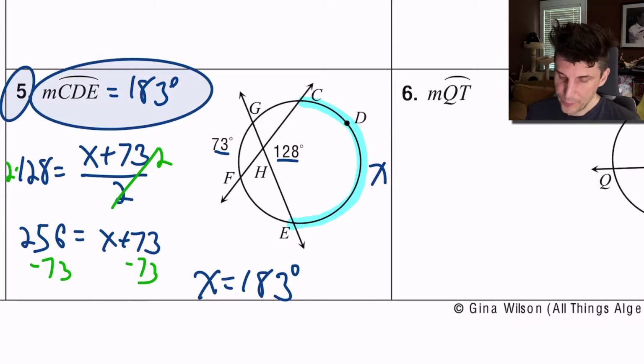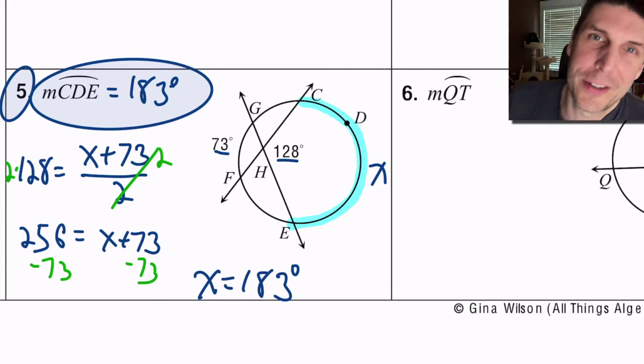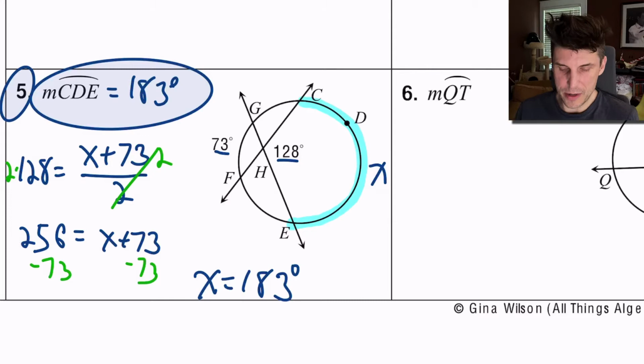Okay, so you see 2 examples there. They have you finding missing parts. It's not always just going to be that central angle. Sometimes it's going to be one of the missing arcs. They're going to definitely mess with you.